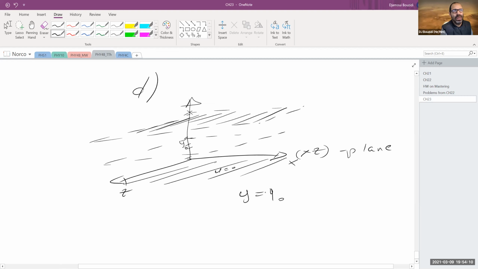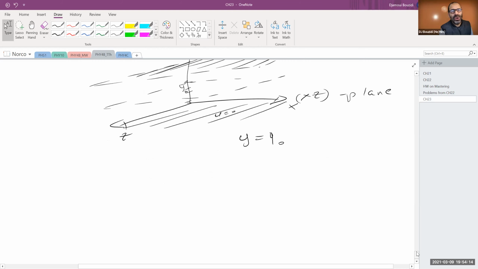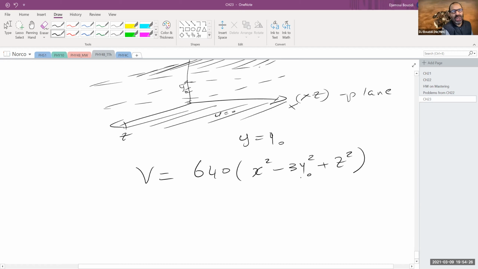So I'm going to write it as y naught. And V is an equipotential, so it's constant too. So V, if you guys remember, is equal to 640 times x squared minus 3y naught squared plus z squared. Remember, this is fixed. This means parallel. This is the definition of a plane parallel to the XZ plane.